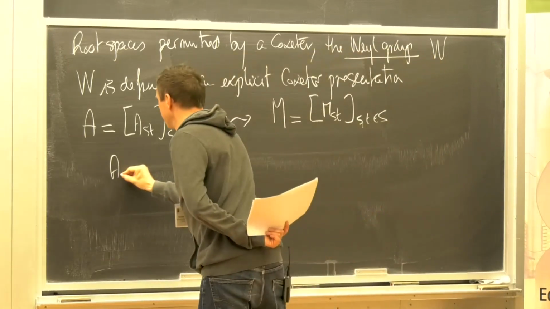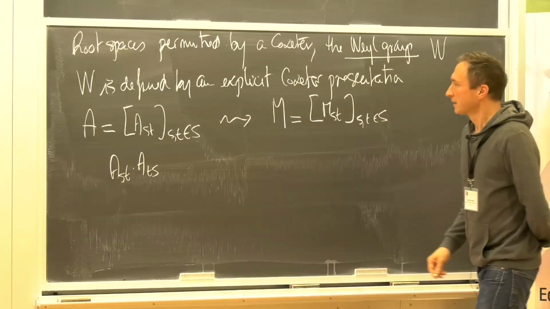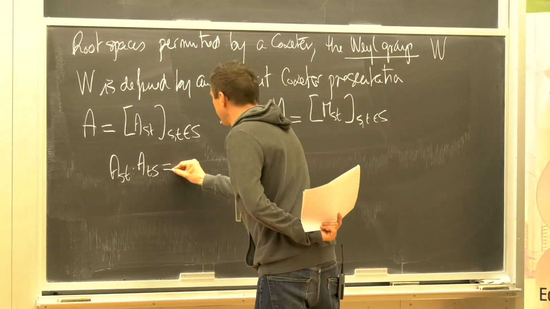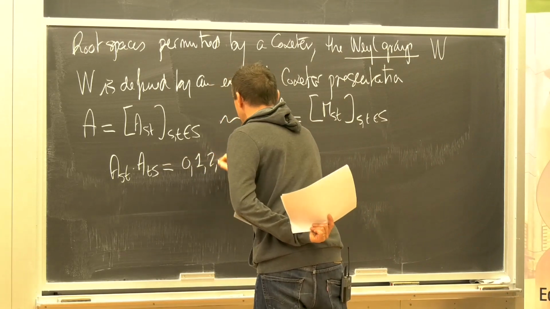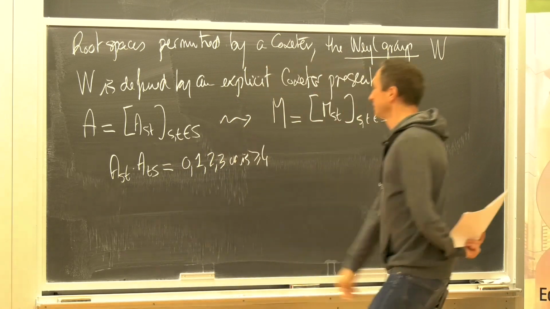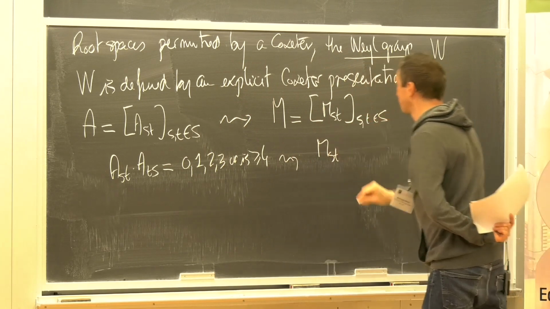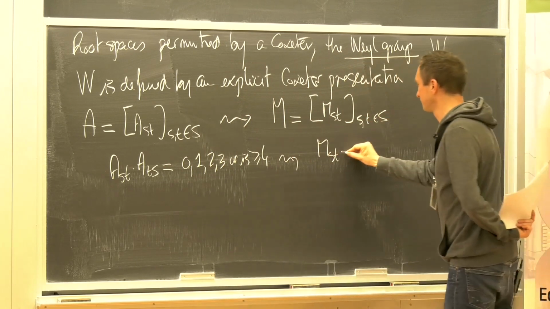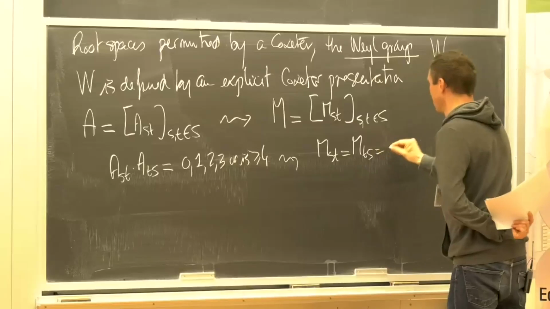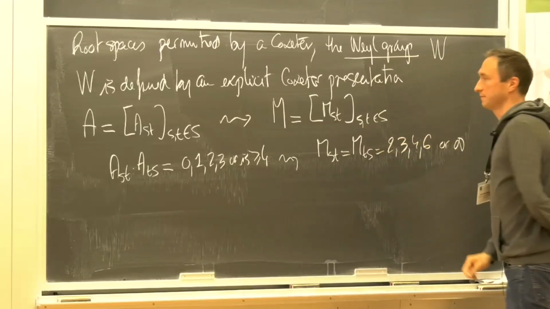We look at the product A_ST A_TS, and according to whether this product is 0, 1, 2, 3, or is at least 4, we decide that the corresponding coefficients will be 2, 3, 4, 6, or infinity.